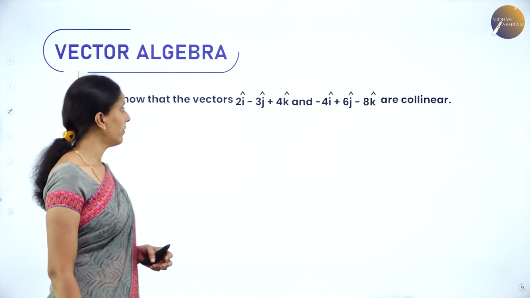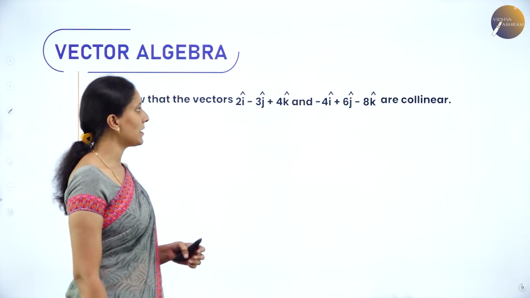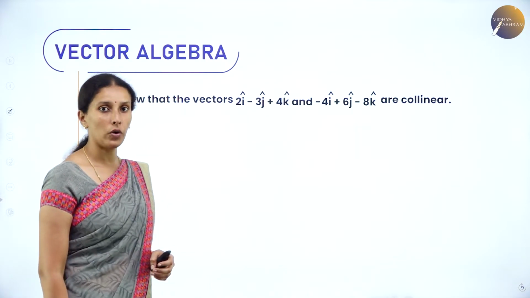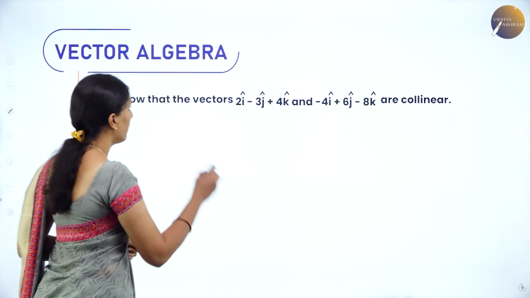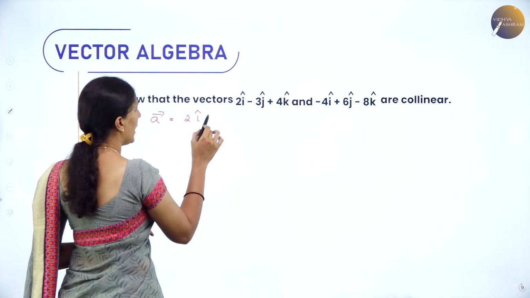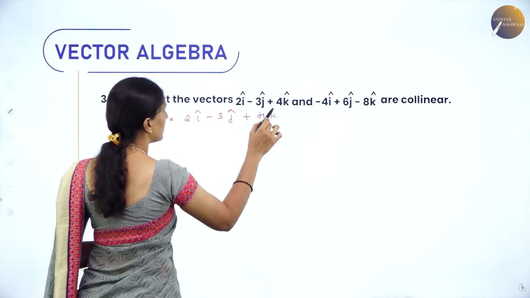So, next one we have: show that the vectors 2i minus 3j plus 4k and minus 4i plus 6j minus 8k are collinear. So, let me take vector A is equal to 2i minus 3j plus 4k.